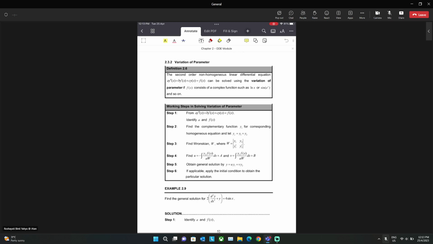Class, before that, I nak tanya for section 8 do you have class on hari apa? Section 9? Khamis Thursday pukul 8. You boleh join tak?